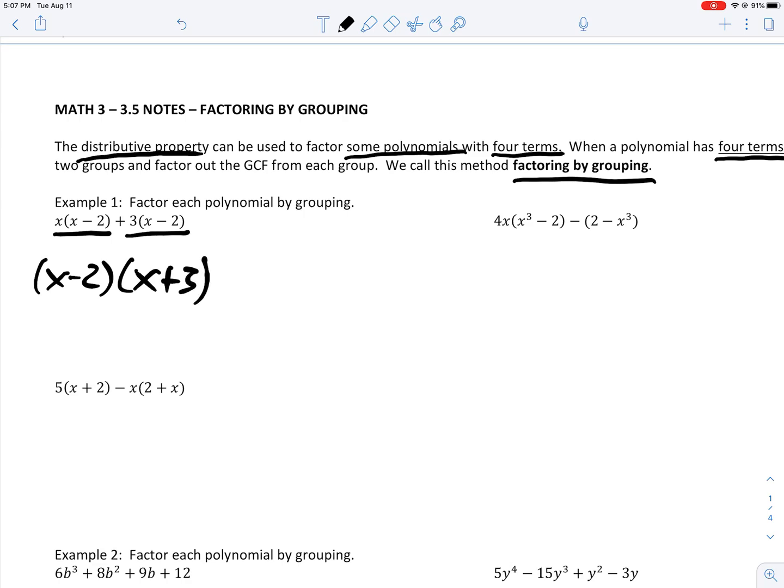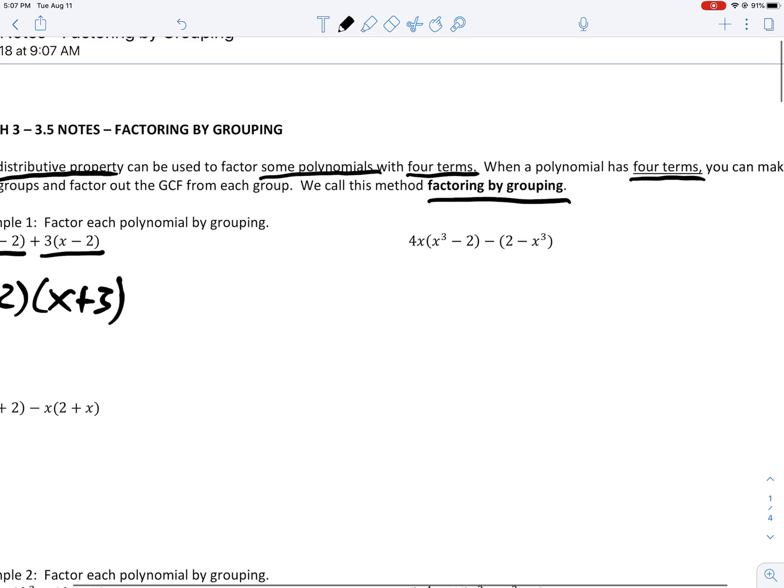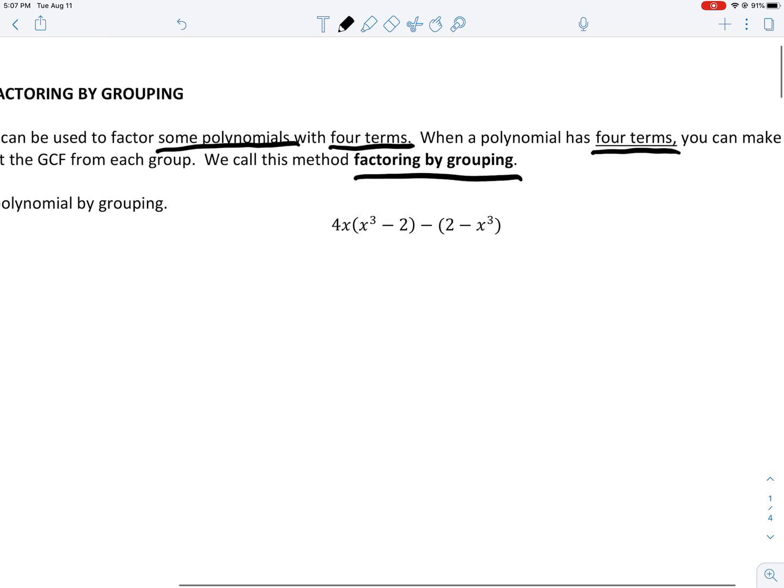What we're practicing right now is like the second to last step for factoring by grouping. If we go to this next example, I look at these two grouping symbols. They're very similar. The only difference is it's a positive x cubed versus a negative x cubed. So if I factor out a negative, change these signs and make this a positive 1, then x cubed minus 2 is the same thing as negative 2 plus x cubed.